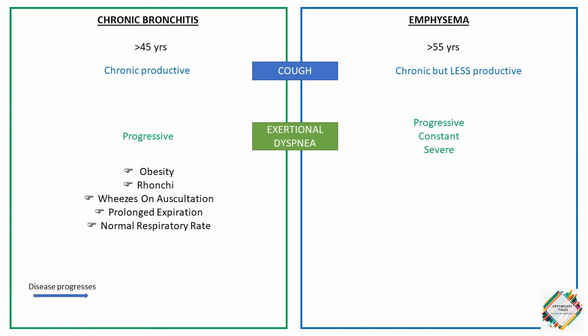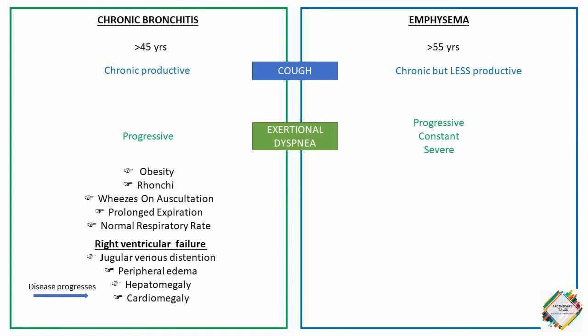As the disease progresses, right ventricular failure is common, which presents as jugular venous distension, peripheral edema, hepatomegaly, and cardiomegaly. Because these patients tend to develop cyanosis, the term blue bloater is sometimes used to describe the patients with chronic bronchitis.